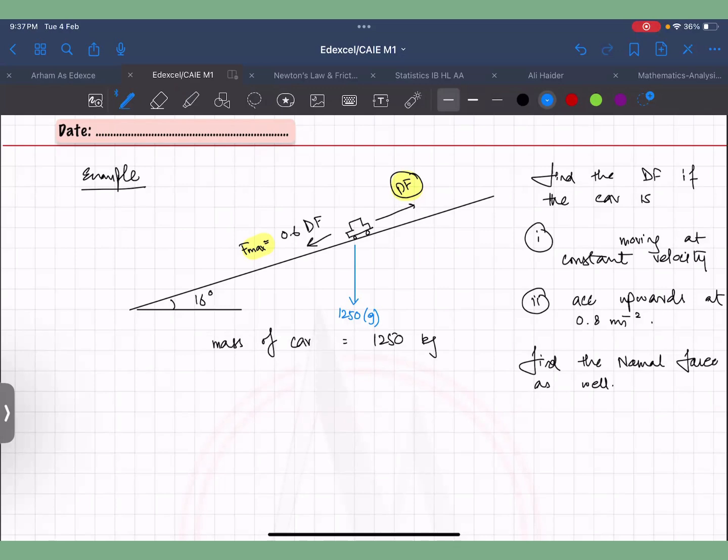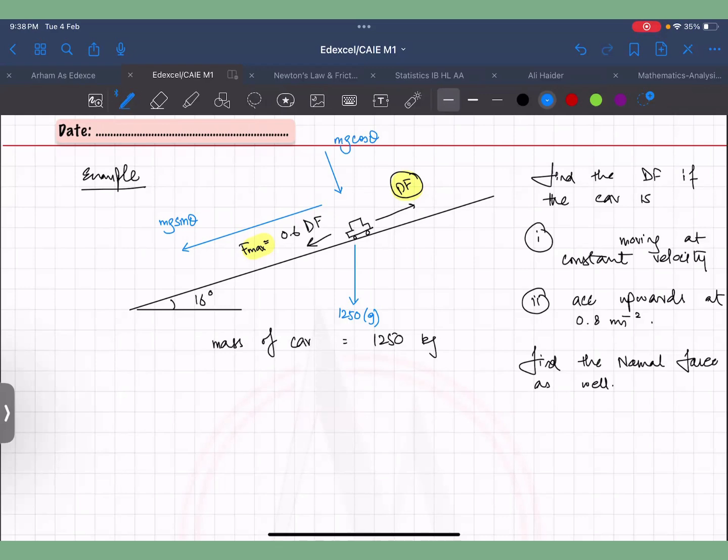One is along the plane, and the other one is perpendicular to the plane. We have done this previously, the component parallel to the plane is mg sine theta always, and this one is mg cos theta.